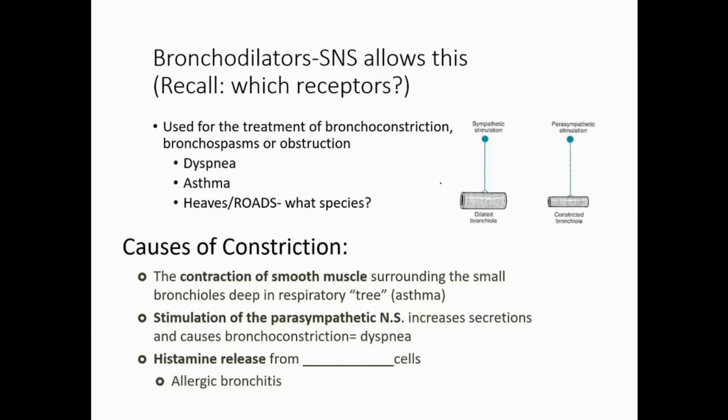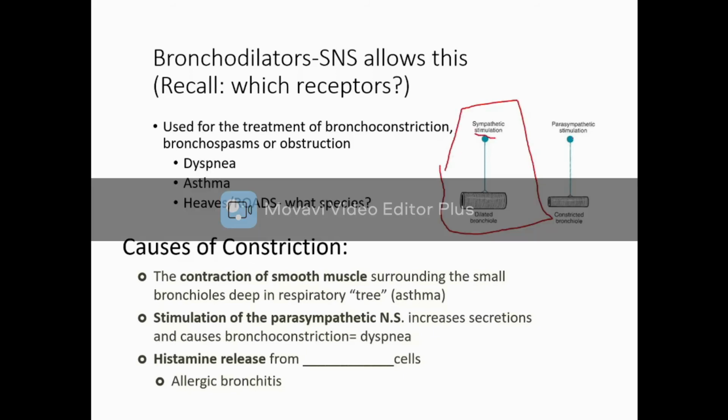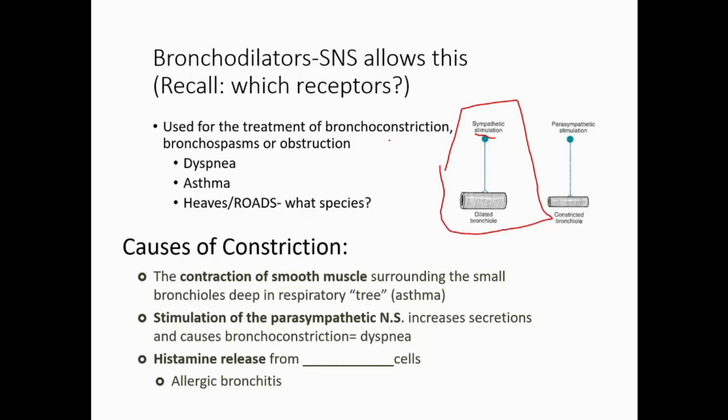Next, we're going to talk about bronchodilators. This is another category. What causes bronchodilation? Normally, the sympathetic nervous system. Parasympathetic nervous system is going to cause constricted bronchioles. So what are we treating when we have bronchoconstriction, bronchospasms, or obstruction? Dyspnea can be caused by a number of different things.